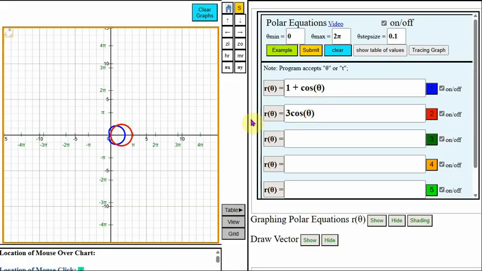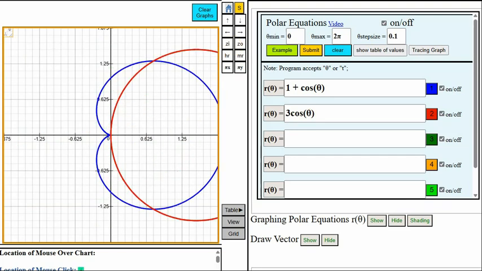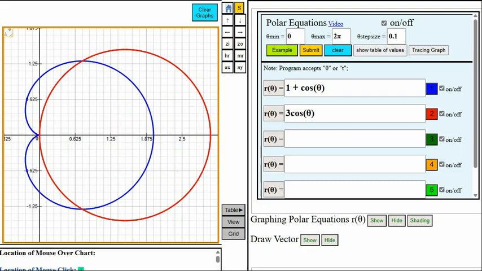So here are the graphs of the curves, and we want the area of this region right in here.